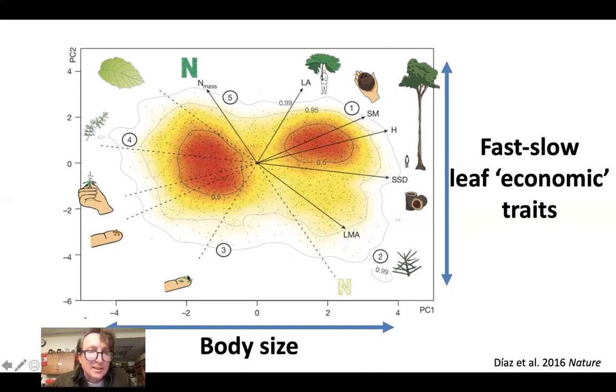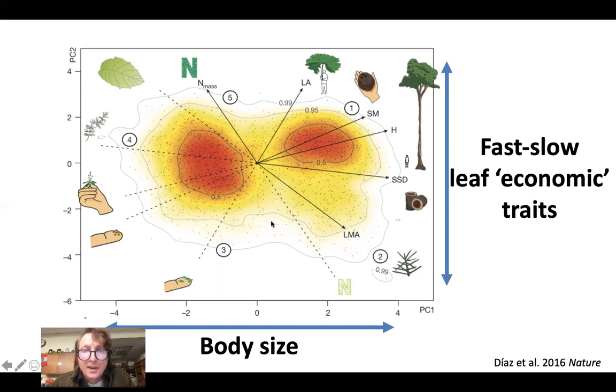We have differences in leaf size, nitrogen availability, leaf area, plant height or size, wood density, tissue density, and many other traits. This blob reflects the multivariate distribution, a measure of hypervolume.